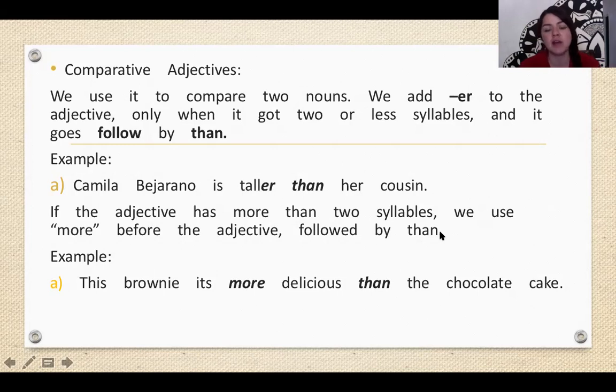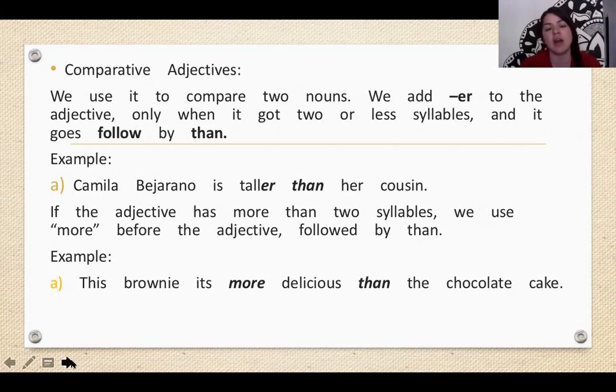Example: this brownie is more delicious than the chocolate cake. I cannot say deliciouser, okay? I need to say it's more delicious than. The word more tells me that it's a comparative, okay? All the time that I find ER or more on an adjective, I will know that it's a comparative adjective.